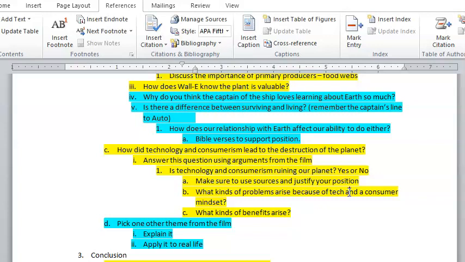So it's not necessarily a right or wrong side, it's if you justify your position. What kinds of problems arise because of tech and a consumer mindset? There are natural problems that arise in a consumer mindset. From an ecology perspective, you could definitely go sociologically here, or you could even go theologically, when we're consumer minded based upon what I can get from church instead of serving. But we're talking about ecology there. What kinds of benefits arise?